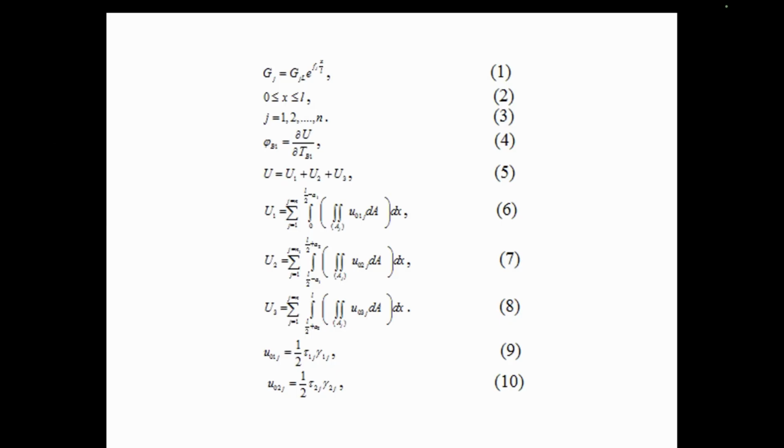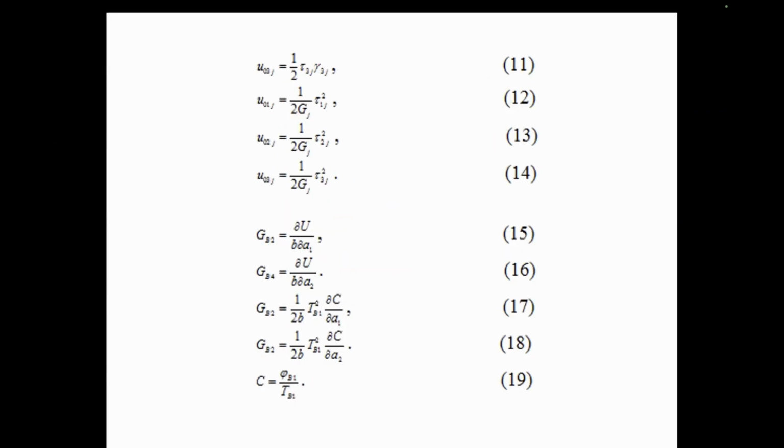The quantities A1 and A2 are defined in figure number 1. N1 is the layer number in the lower crack arm. Equations number 9, 10 and 11 define the specific strain energies.